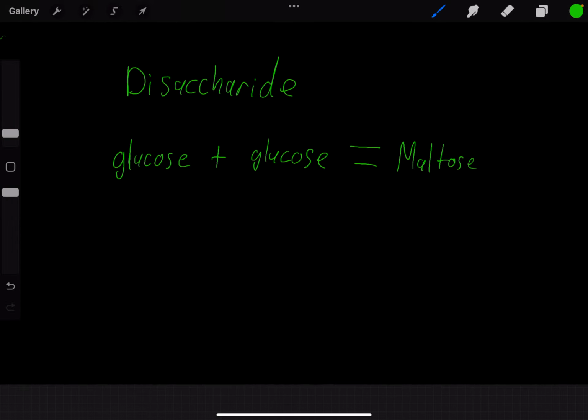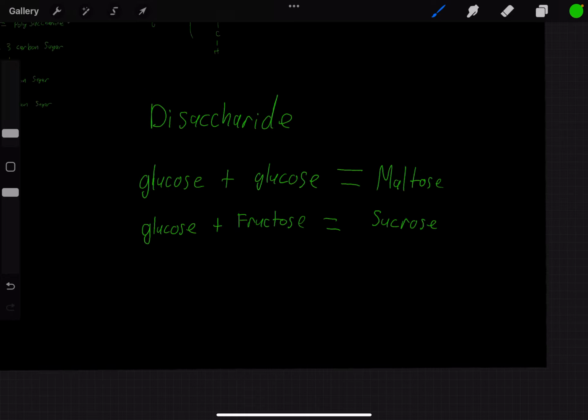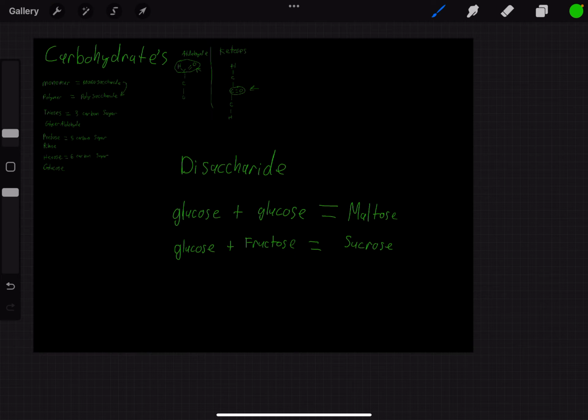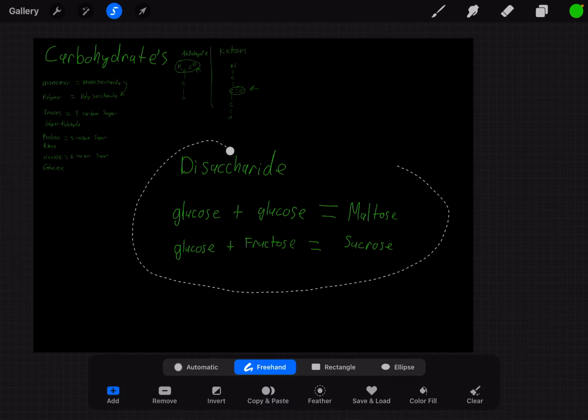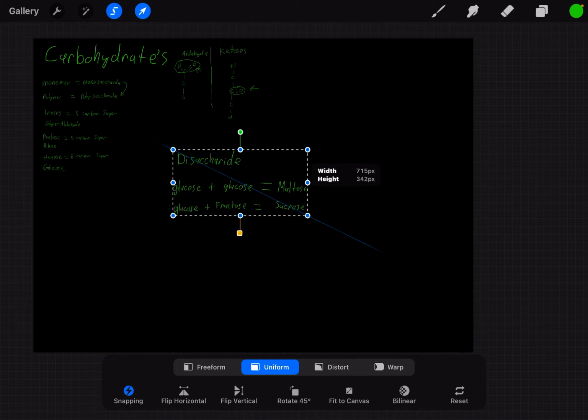And if you combine glucose plus fructose, you get the disaccharide sucrose. So that's a disaccharide, but you can also have a full-on polymer.